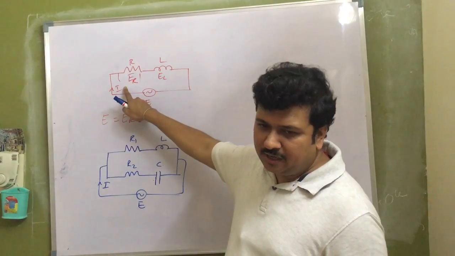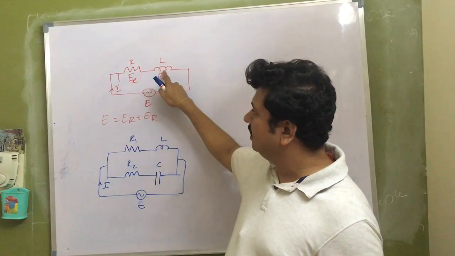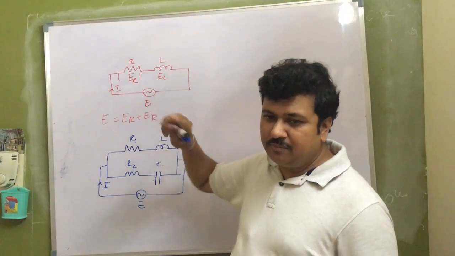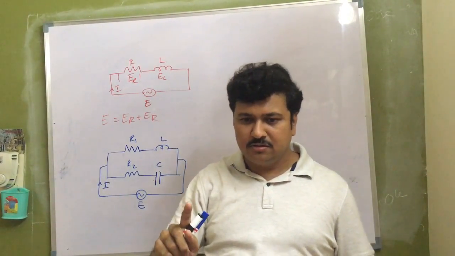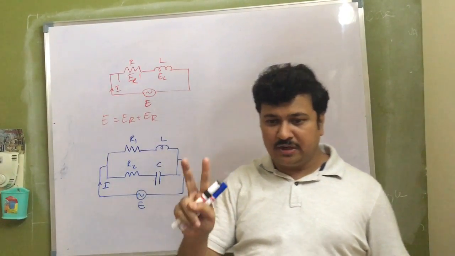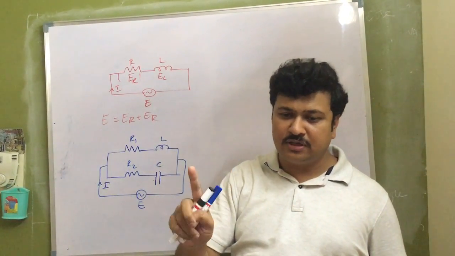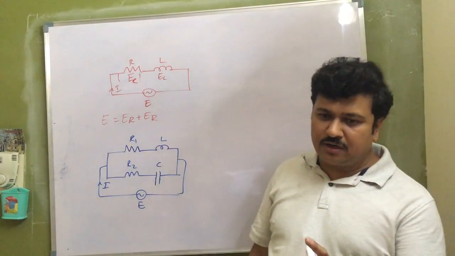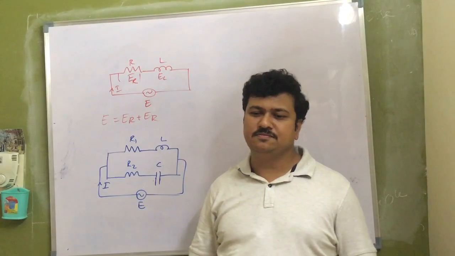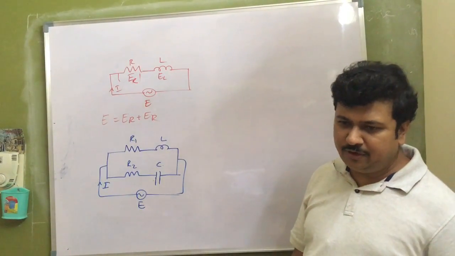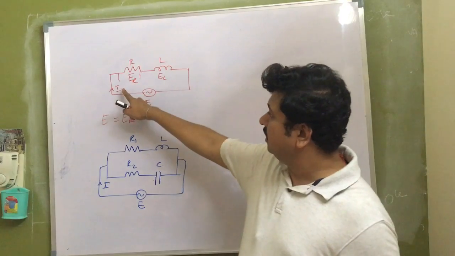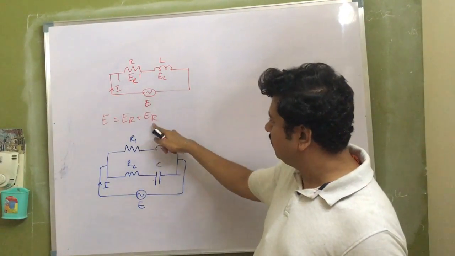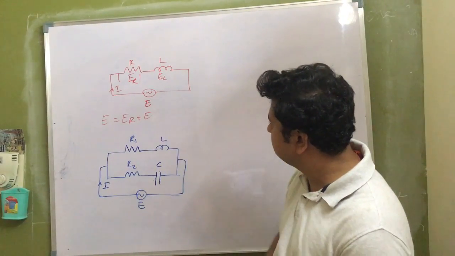Current is only one, I, the same in R as well as L, but E is different in R and L. So I will get one vector of current, two vectors of voltage, and one resultant vector of voltage. So in this vector diagram, I get one vector of current and three vectors of voltage, because I want the resultant. Getting my point? So E is equal to ER plus EL.